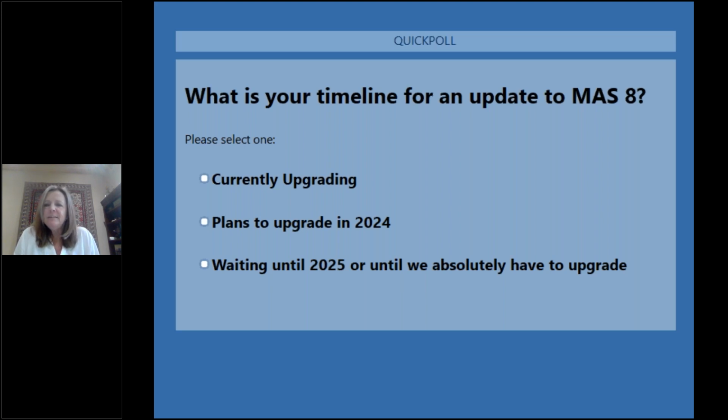We have a couple that are currently upgrading. The majority of folks are planning it in 2024, and honestly, that tracks with what we're seeing. And yes, I do see those waiting till 2025. We have a few folks waiting for that as well.